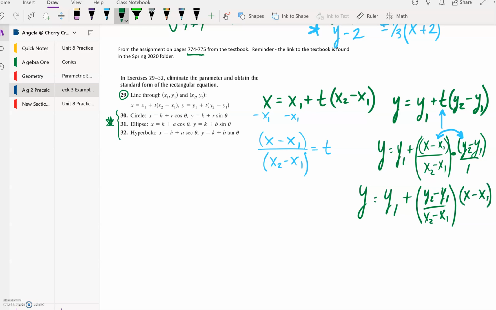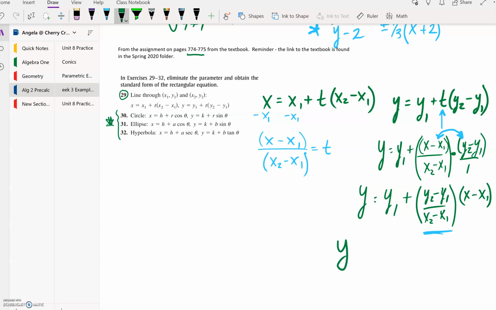Some of you might already be looking ahead and saying, oh, hey, I recognize this formula, because that is the formula for slope. And I can move my y sub 1 over to the other side by subtracting it.